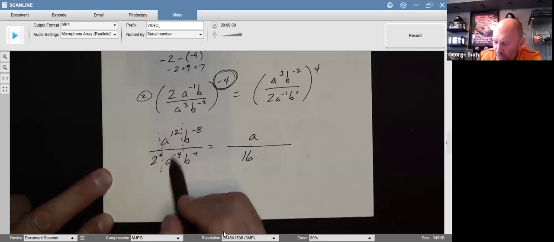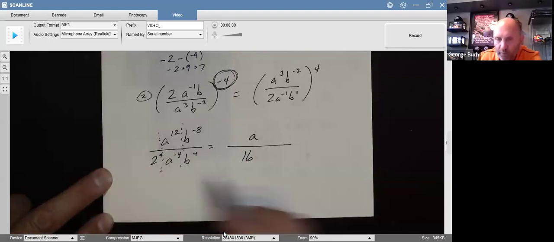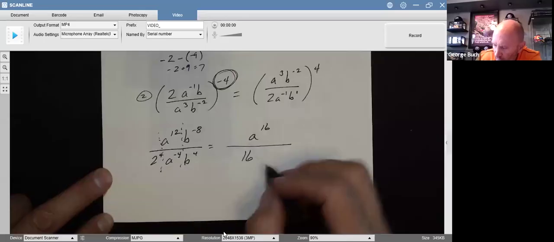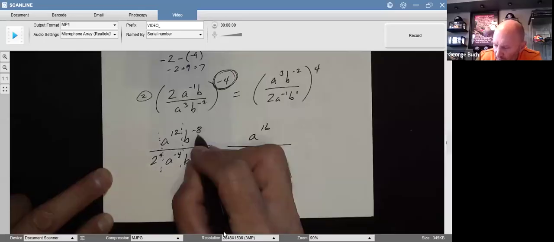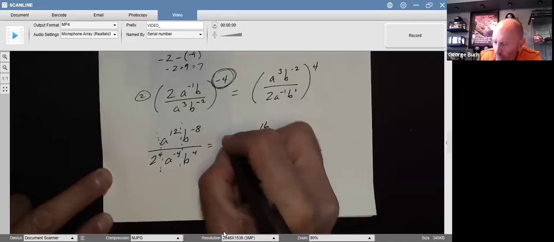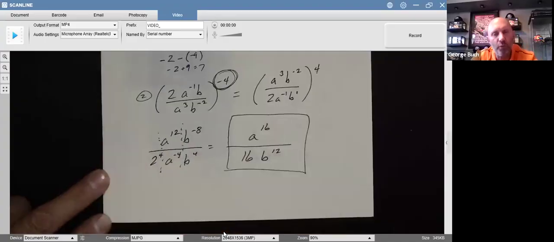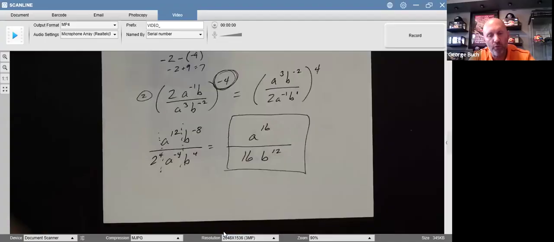Remember, it's big minus small. 12 minus negative 4 is 12 plus 4. So that's 16. And then b, the bigger exponent is in the bottom. 4 minus negative 8 is like 4 plus 8, which is 12. So this would be your answer for this one. A to the 16th over 16, b to the 12th power.